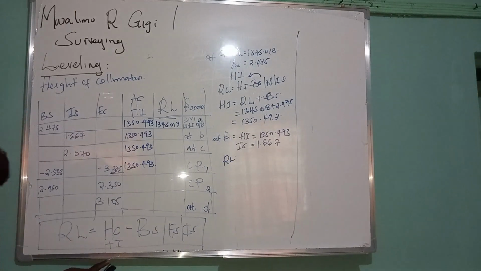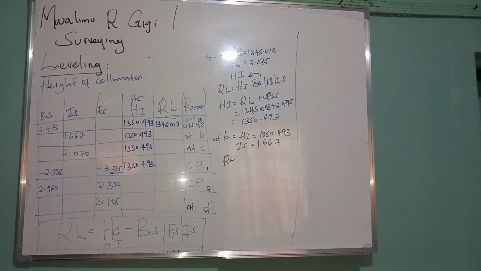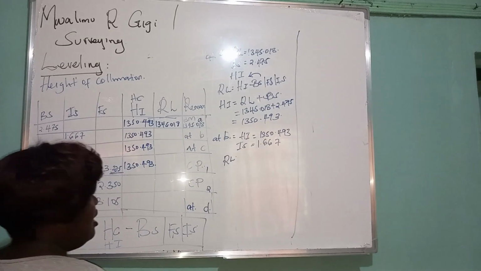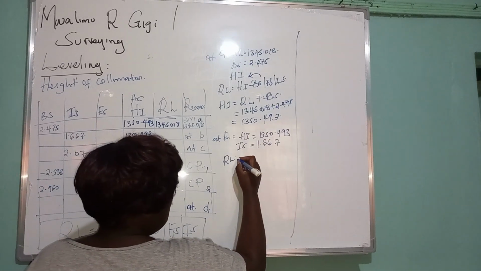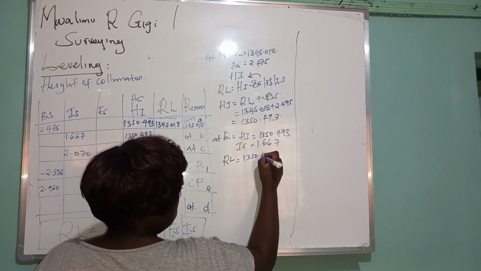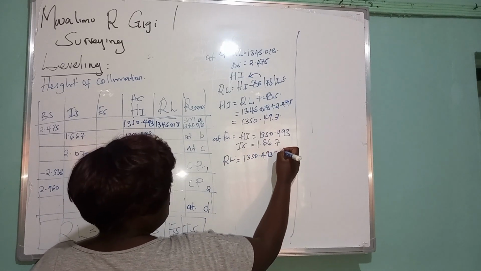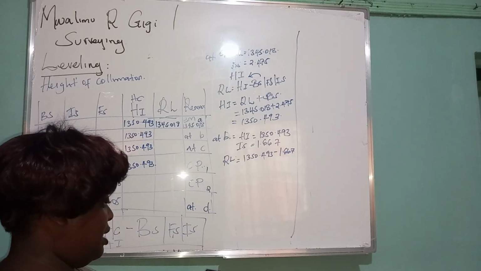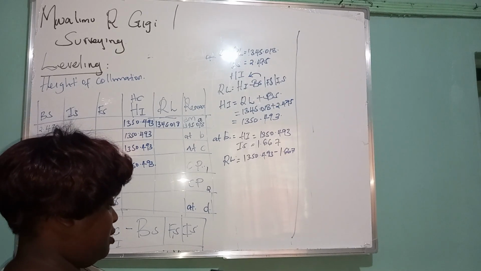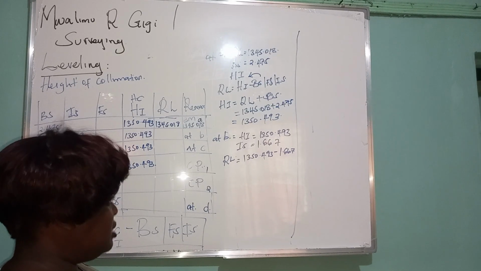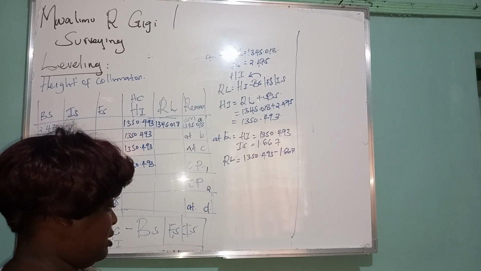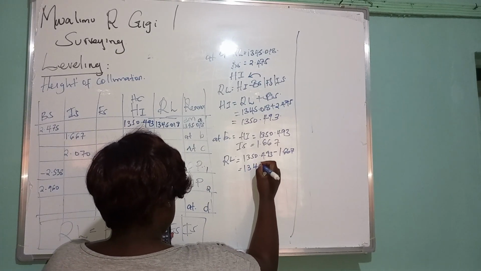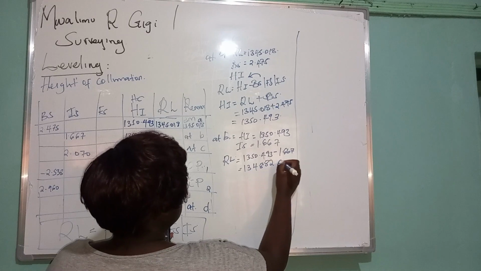The reduced level is the height of instrument minus backside or foresight or intermediate sight. So it is 1350.493 minus 1.667. So the reduced level at point B is 1348.826.